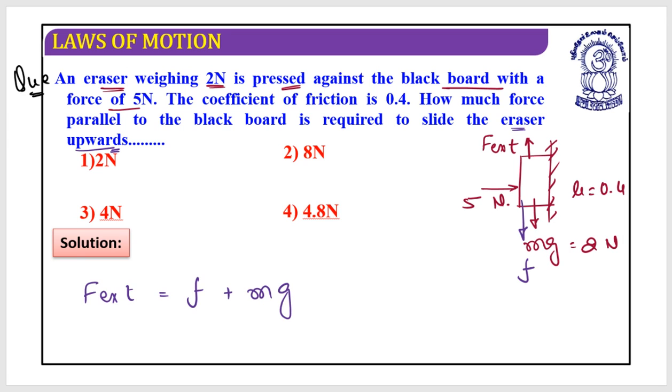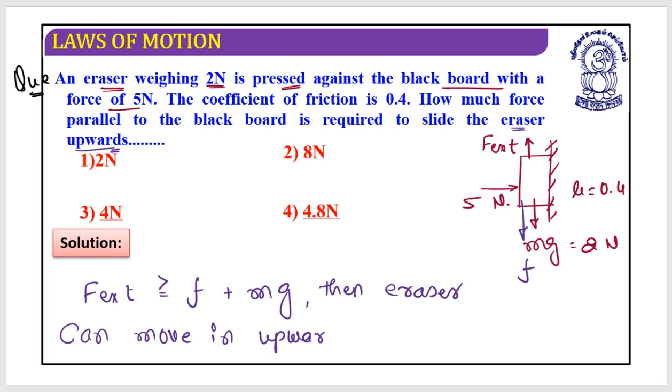If it is greater than or equal to that, then the eraser can move in the upward direction. This was the case. So now what can we do?